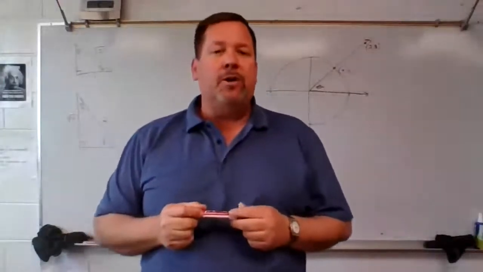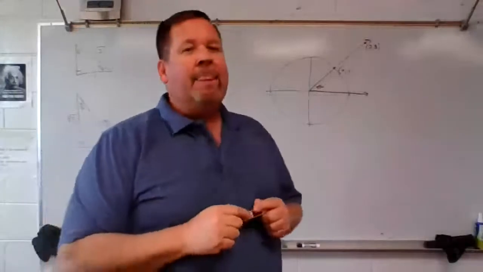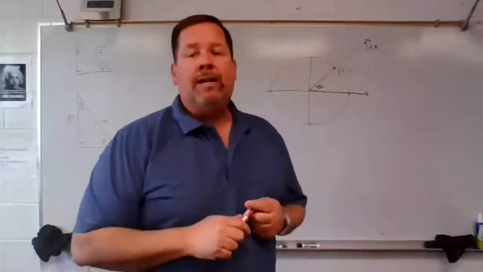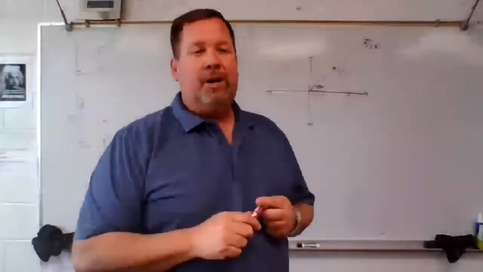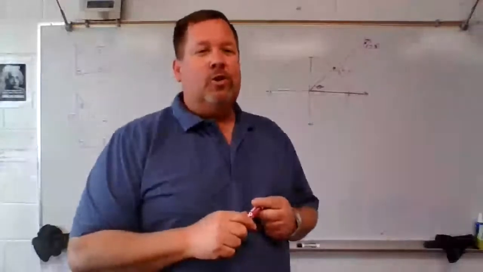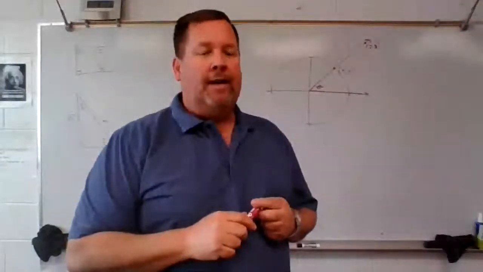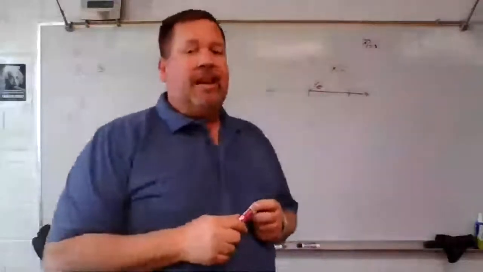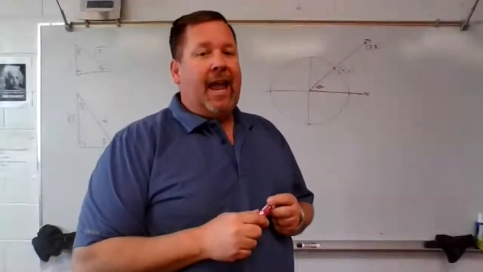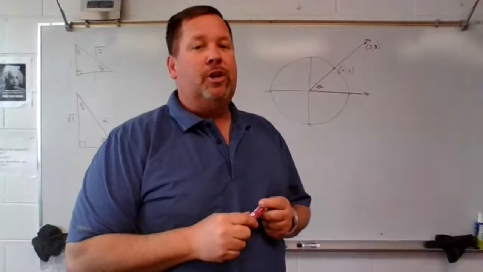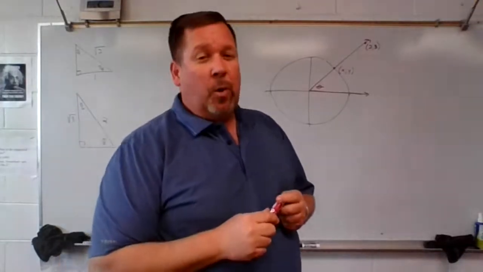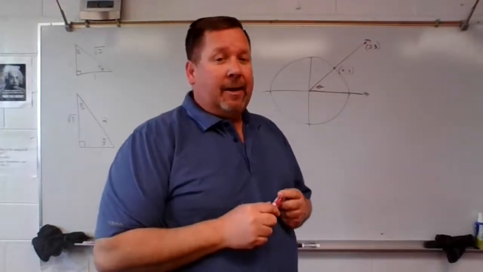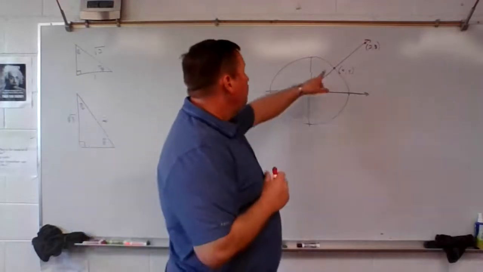And I want to remind you of some stuff really quick. If we have a unit circle, and remember, a unit circle is a circle whose radius is 1, and we have an angle that is in standard position, the terminal side of the angle passes through the unit circle. It has an x and y value, and we're going to look at that up on the board.